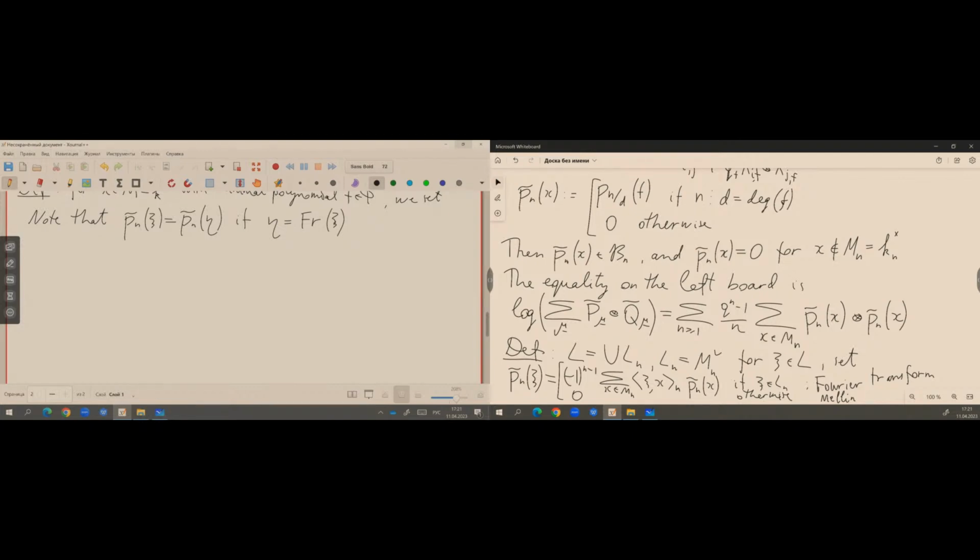Well, if you wish, P tilde M of X equals P tilde M of Y if Y equals Frobenius of X, so that P tilde N of xi only depends on the Frobenius orbit of xi.